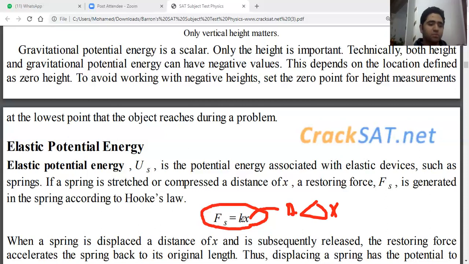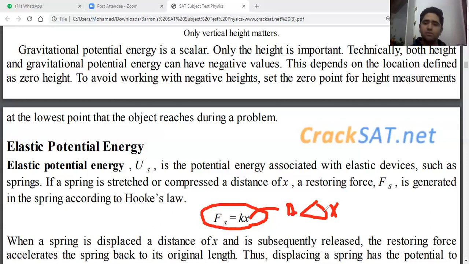The problems you will take will say the spring constant K is equal to something. You will multiply that by the displacement X, and you will have F of S. What is F of S? That is the force the spring exerts.